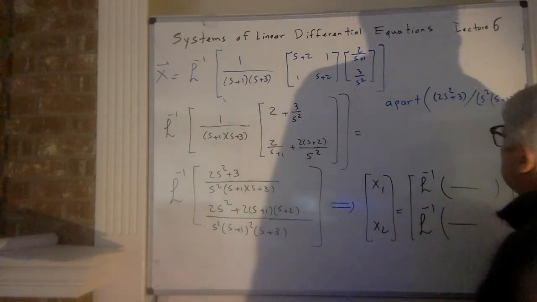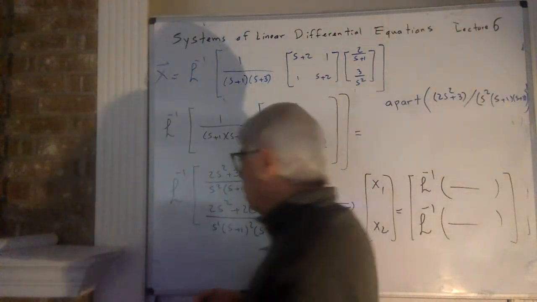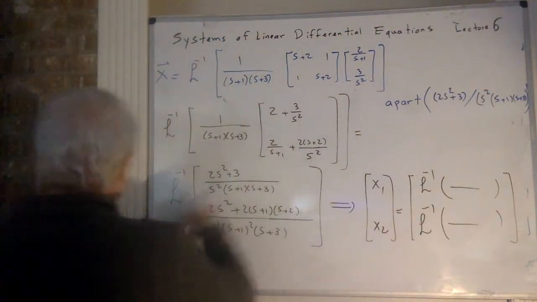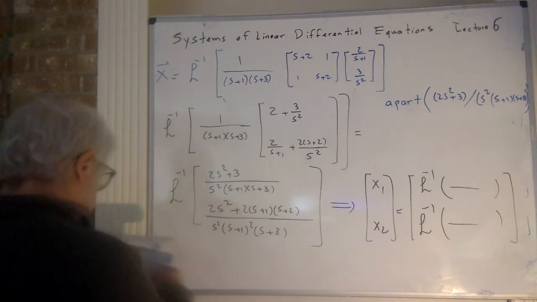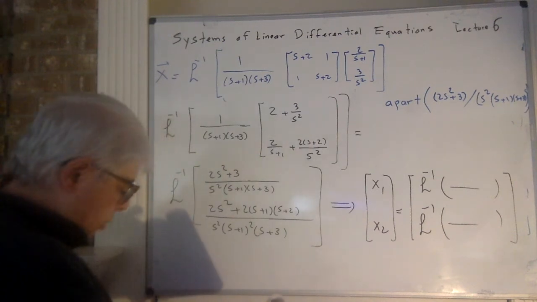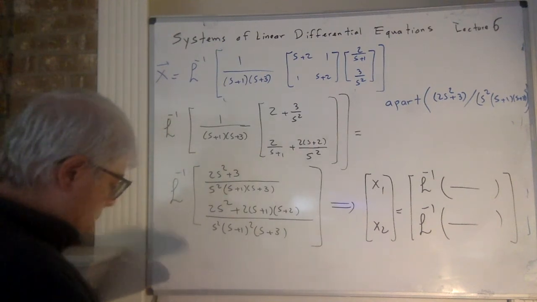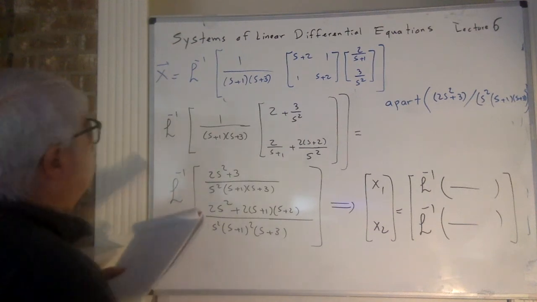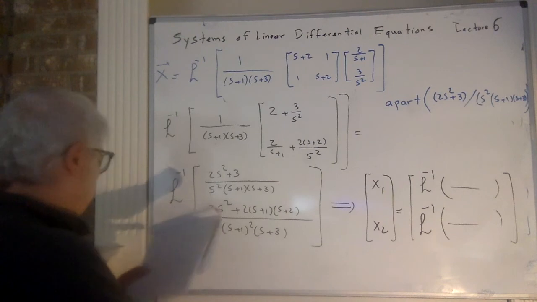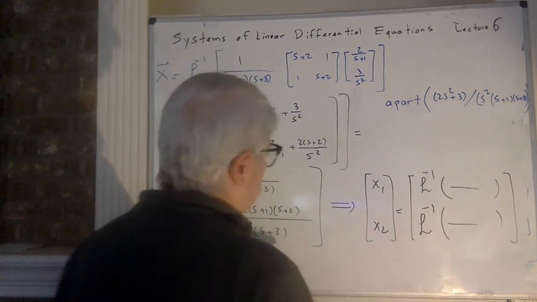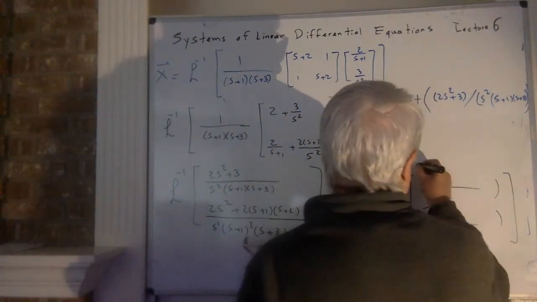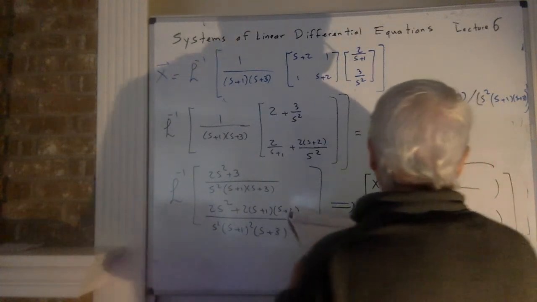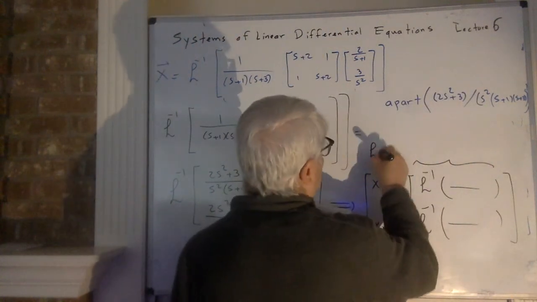And then suppress this. I have the first one, so let me write the first one for you. And I did the first one. I think the first one was correct. I made a mistake here. And so the first one will be the Laplace inverse.